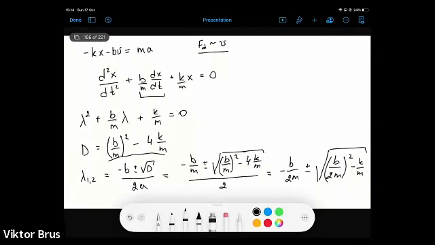Before we proceed further, for convenience, in order to reduce the number of terms we use, we should make the following substitutions. Let us denote gamma as b divided by 2m, and omega 0, let us denote it as k divided by m.